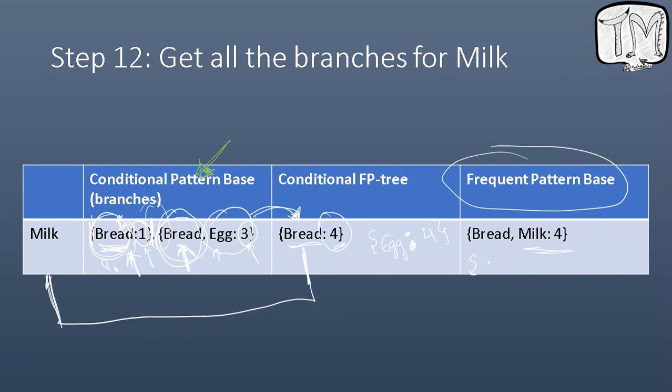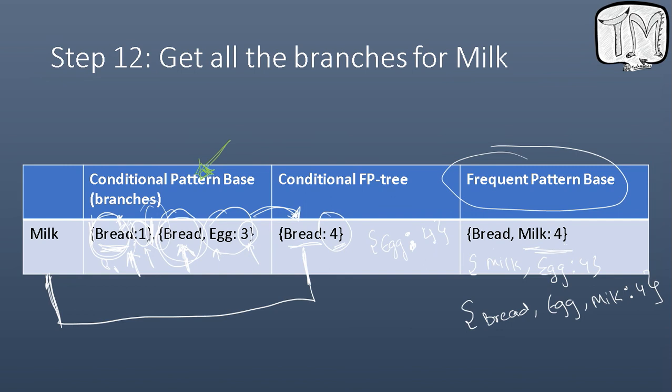So we will have milk, egg with frequency 4. So this is not all, we will create another one containing bread, egg and milk, okay, and frequency 4.